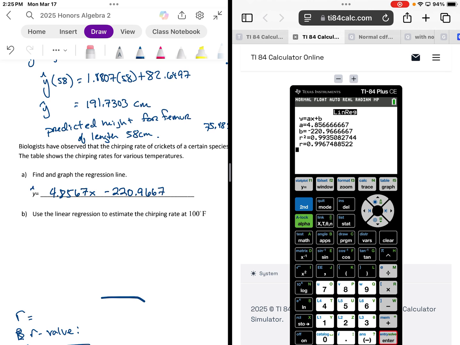It'll be the same decimal place for the whole thing. And if you feel good to do part B, go ahead and do part B.